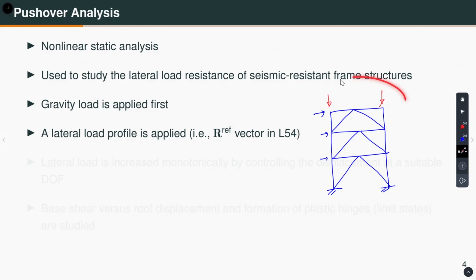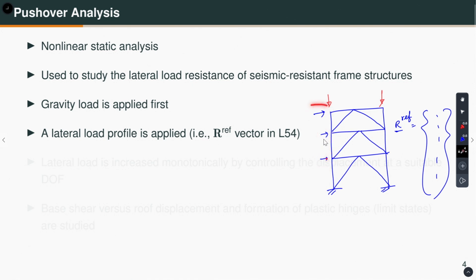Now, this structure has many degrees of freedom. It is not simply a 3 degree of freedom problem just because we have 3 stories. It has many degrees of freedom, where my reference load vector is a vector with all zeros except 3 non-zero entries corresponding to this degree of freedom, this one and this one.